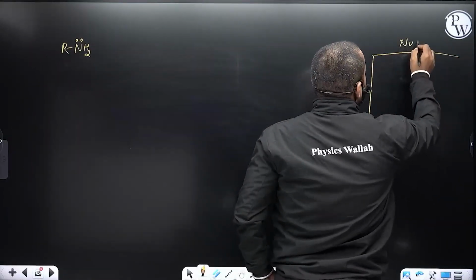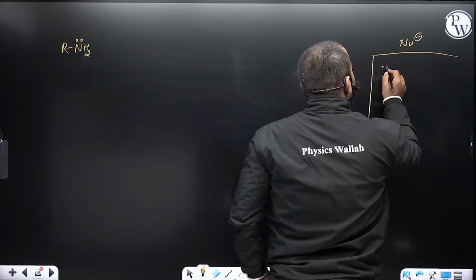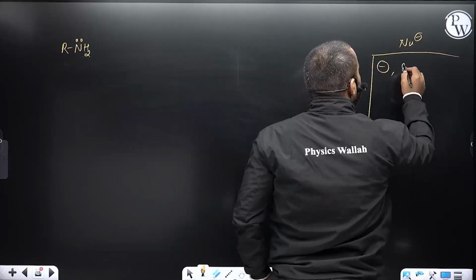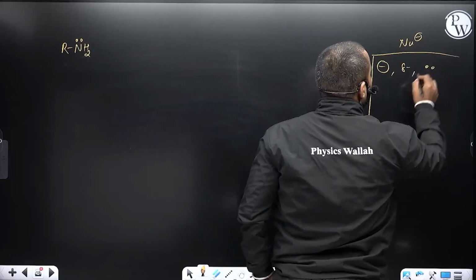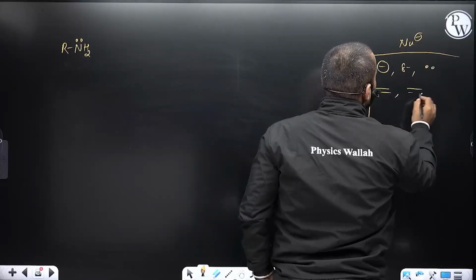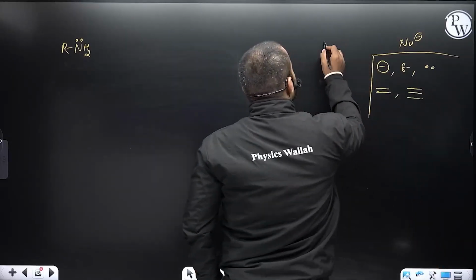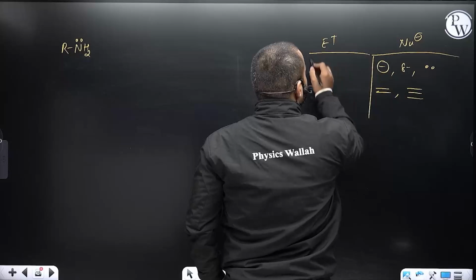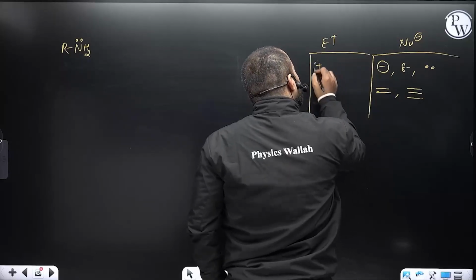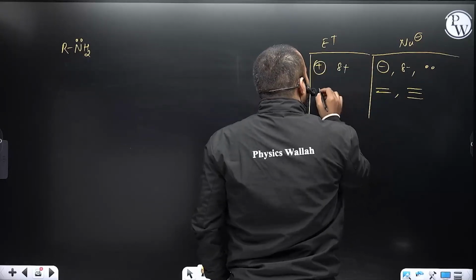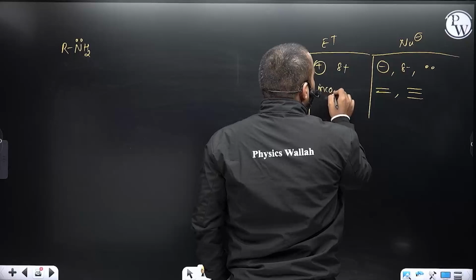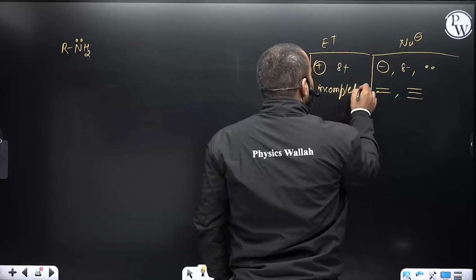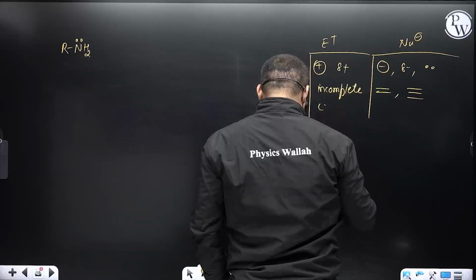A nucleophile should have either an absolute negative charge or a delta negative charge or a pair of electrons or a double bond or a triple bond. What is the identification of an electrophile? They should have either a positive charge or delta positive charge or incomplete octet.